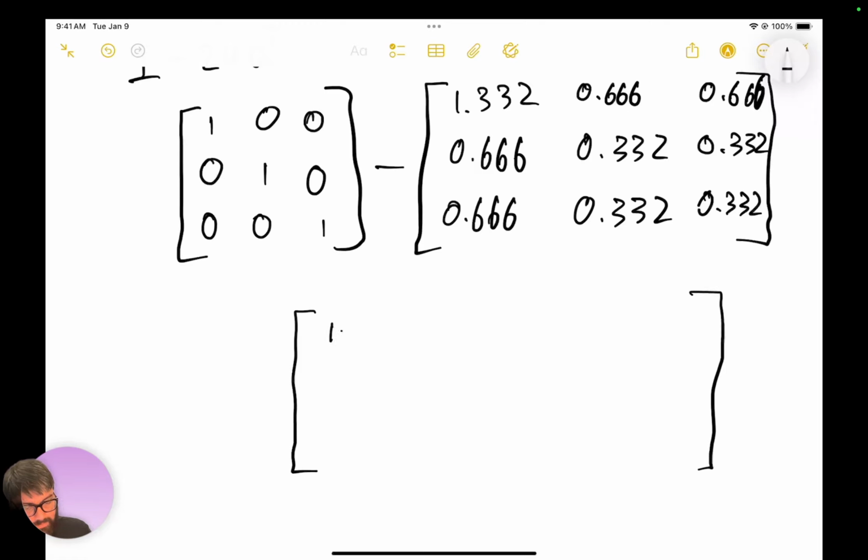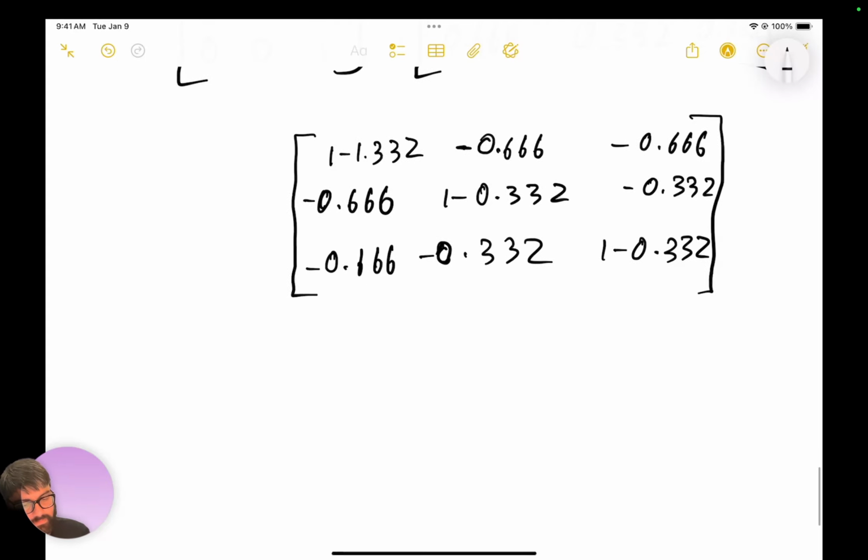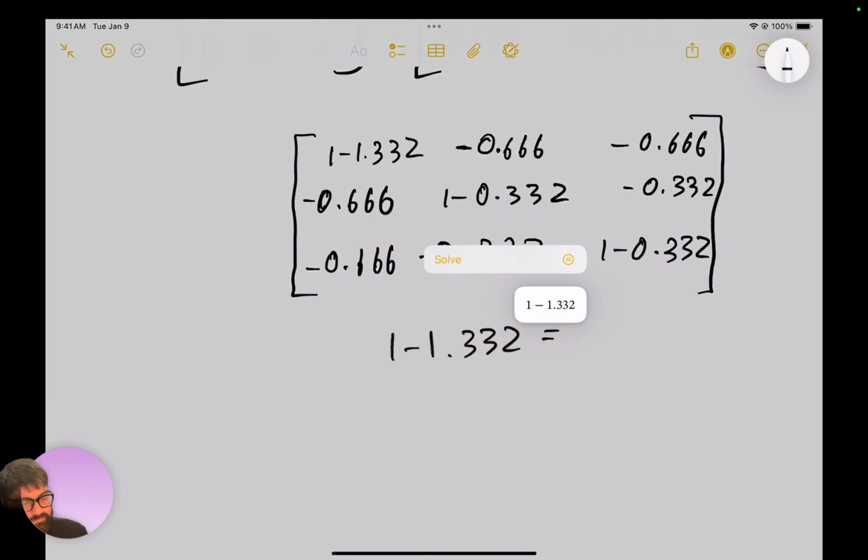That's 1 minus 1.332, negative 0.666, negative 0.666, negative 0.666, 1 minus 0.332, negative 0.332, negative 0.666, negative 0.332, and 1 minus 0.332. 1 minus 1.332 equals, I think, negative 0.332.